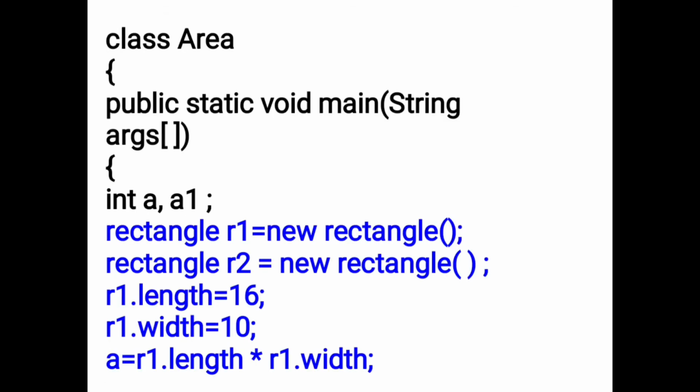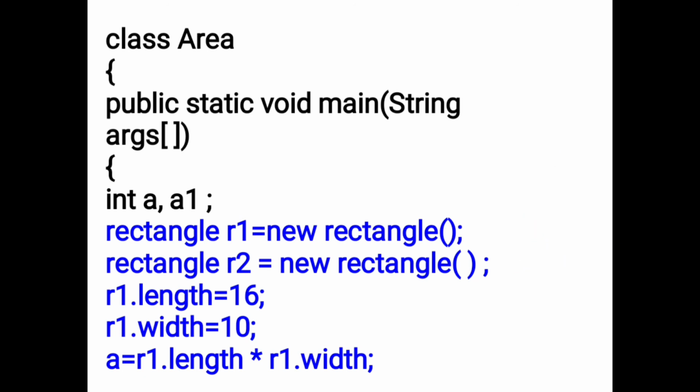So I am creating the two objects, and using these objects I am accessing these variables and methods. So creating the object: Rectangle R1 is equal to new Rectangle, and another object I am creating from the same class.